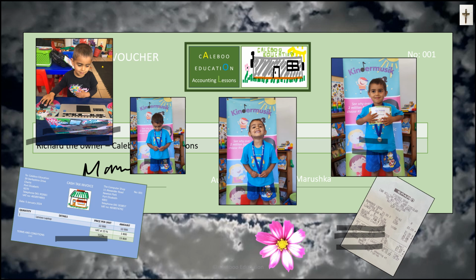He's got a certificate. This is actually for kids' music. And he's a happy young man, growing like you're growing, and you're going to do so well with all the knowledge that you're gaining.